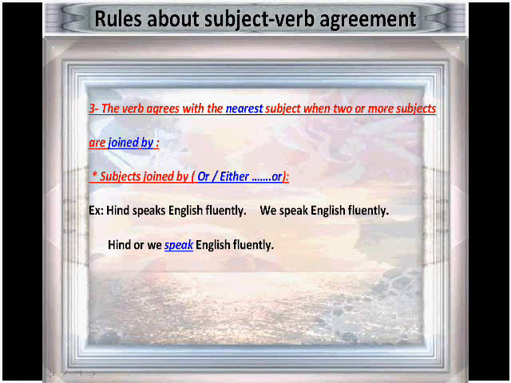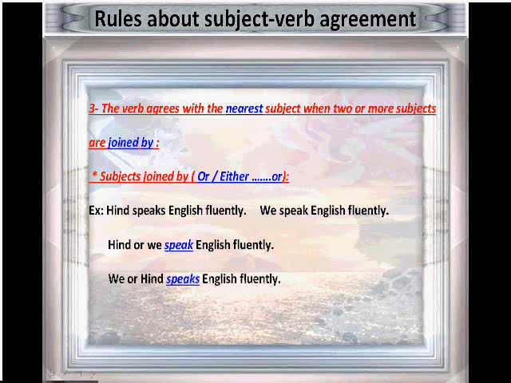So the verb here became plural because the nearest subject is plural. So we speak. If we change the subjects and we put the singular subject near the verb, in this case we have we or Hind speaks English fluently, then the verb became singular because it agreed with the nearest subject, which is singular, speaks.